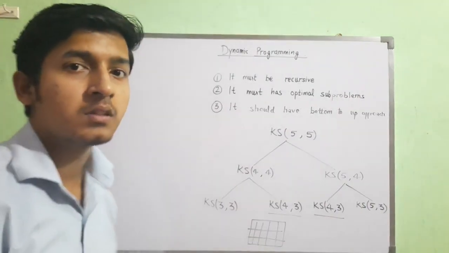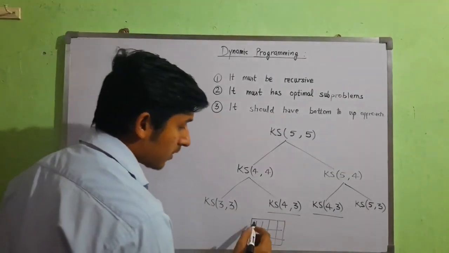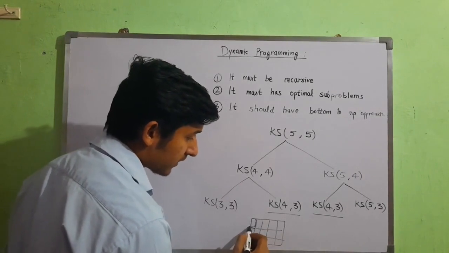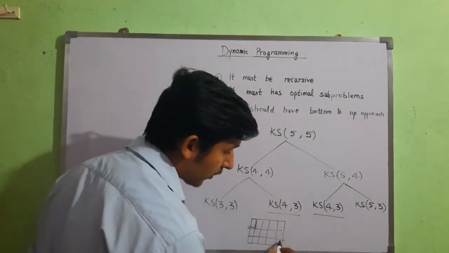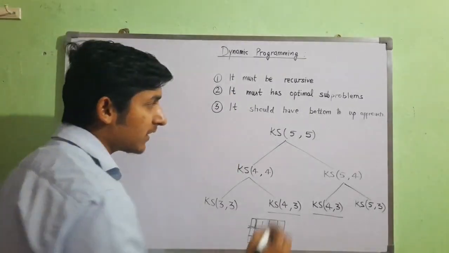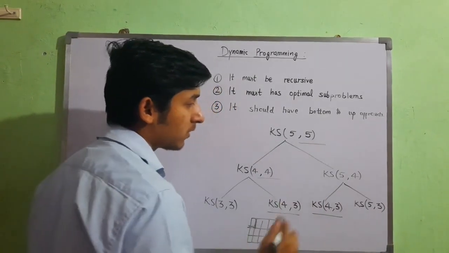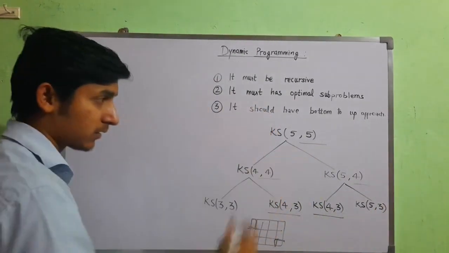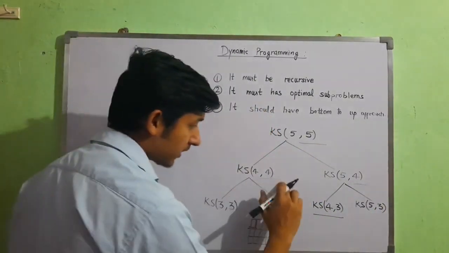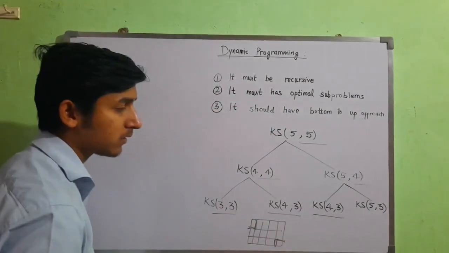In this, what we are saying is that we will start with the bottommost case and then move to the ultimate case. Now in the recursive function we can see that this will return the value when this is passed to this, and this is passed to this.